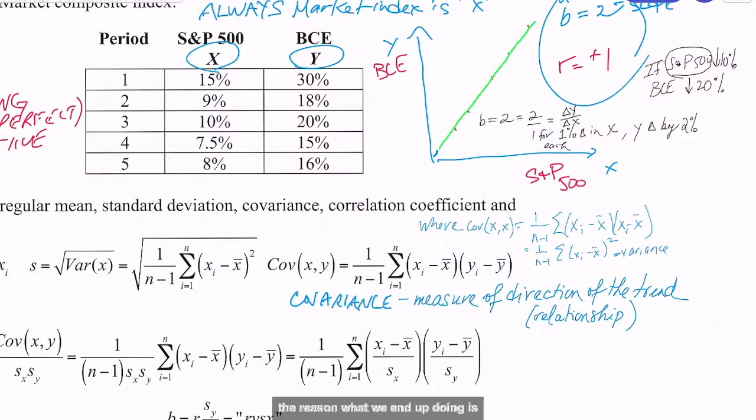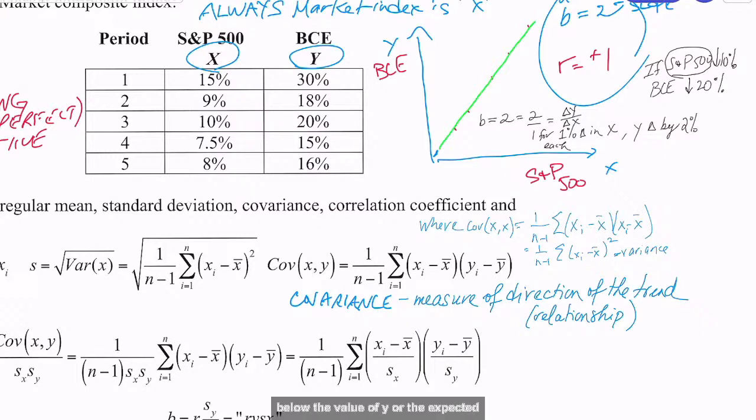The reason, what we end up doing is converting this, because the values of the variable help us determine in relative terms, is that high or is that low? You know, is that very much above x, well, the expected value of x or x bar?